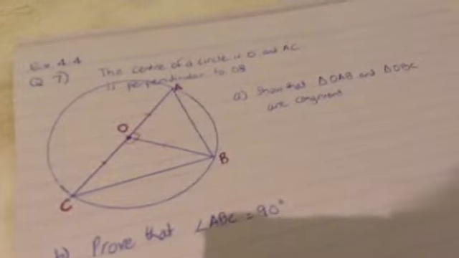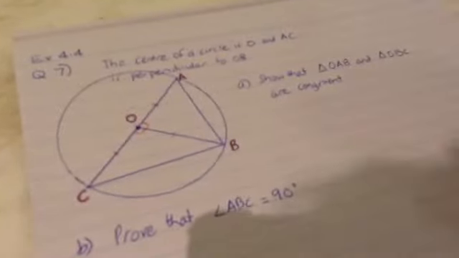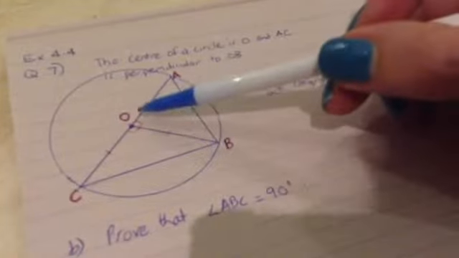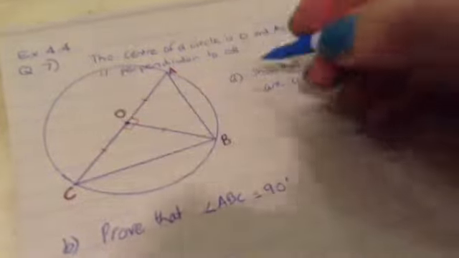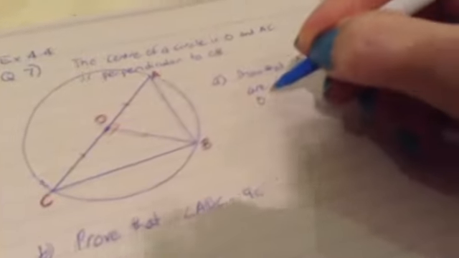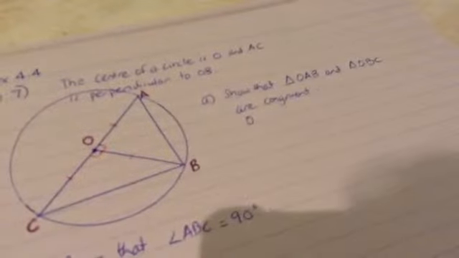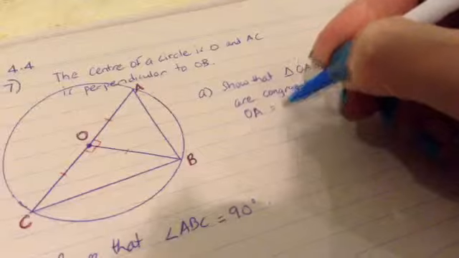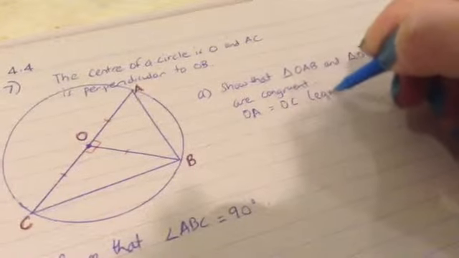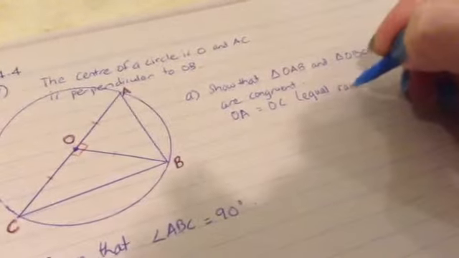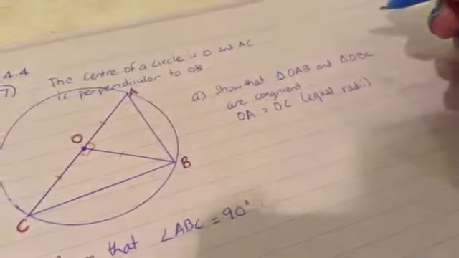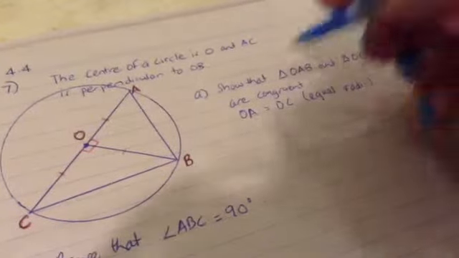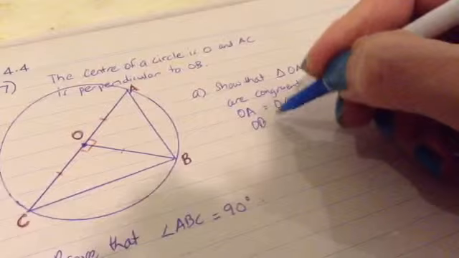So now to write it down. Let's start off with what we said first, that OA equals OC, equal radii. And then we said that OB was common.